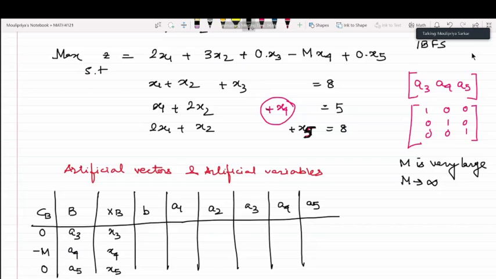Small b is 8, 5, 8. A1 is 1, 1, 2; A2 is 1, 2, 1; A3 is 1, 0, 0; A4 is 0, 1, 0; A5 is 0, 0, 1.